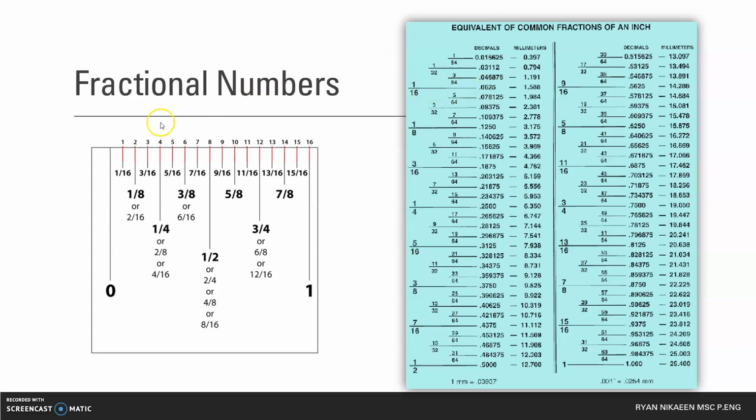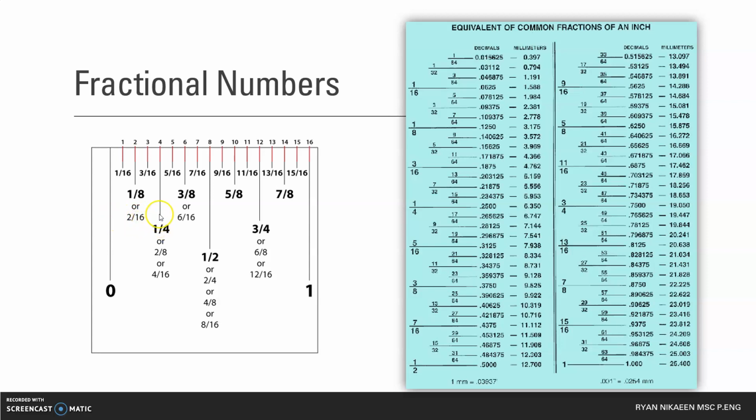What I mean by a fractional number is something like this. Just imagine the length of this piece from here to here is 1 inch. If I divide it by 2, from here it's going to be 1/2 inch. If I divide that one again by 2, it's going to be a quarter. From here to here is a quarter of an inch.